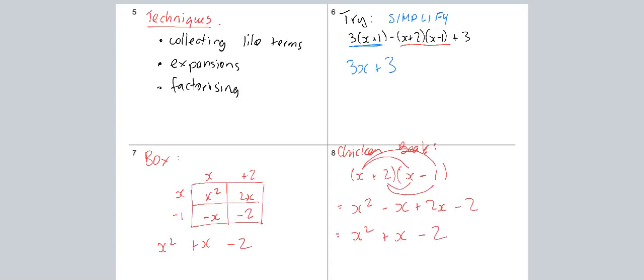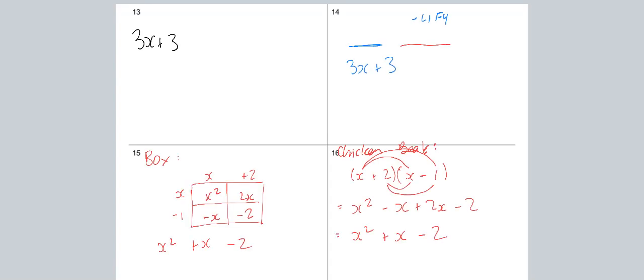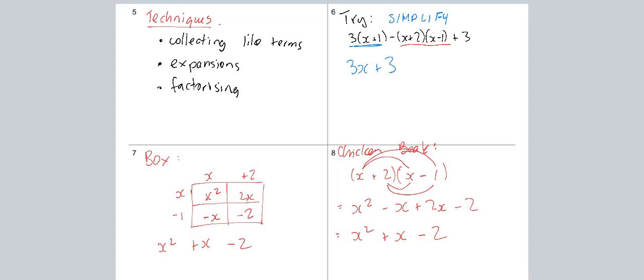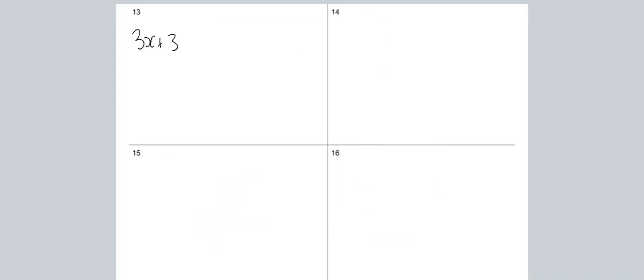Putting it all together, we would have 3x plus 3 in blue. So there's the 3x plus 3 in the blue. And then we would have x squared plus x minus 2 from the red. So x squared plus x minus 2 in the red. And then we have our plus 3 on the end, which we haven't dealt with yet.